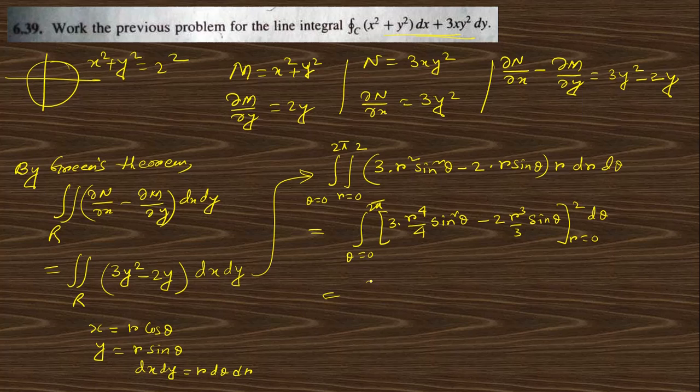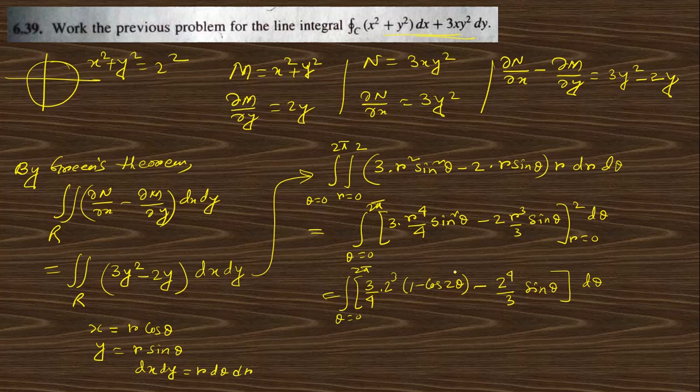So this becomes 3 by 4, 2 to the power 4, and for sin square theta we know it is 1 minus cos 2 theta over 2.